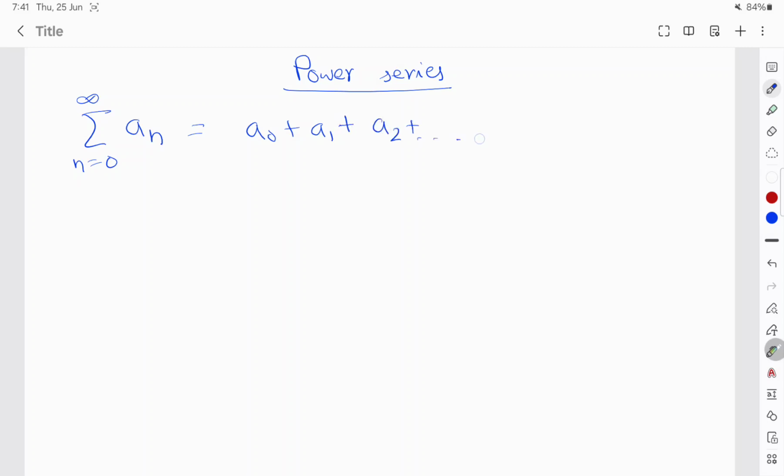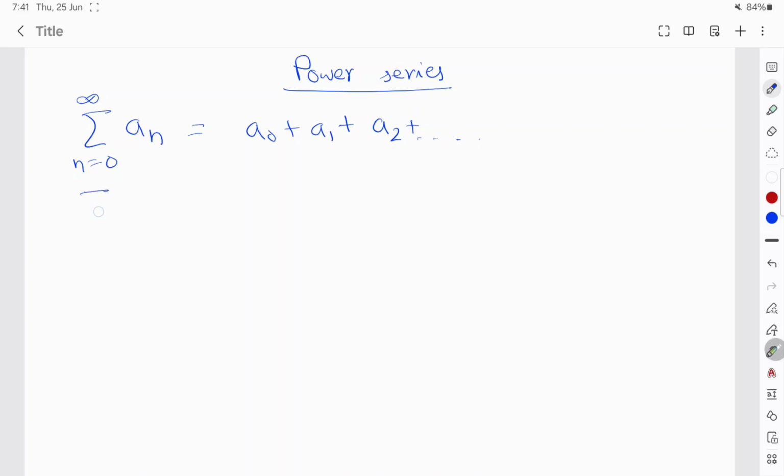Okay, so what is power series? Basically, a power series looks like a summation, like what is your series basically, this type of thing, right? The summation of a_n. If you take n equal to 0 to infinity, then it will start from a0 plus a1 plus a2 and so on, right?